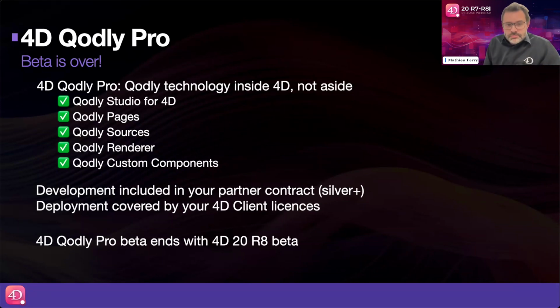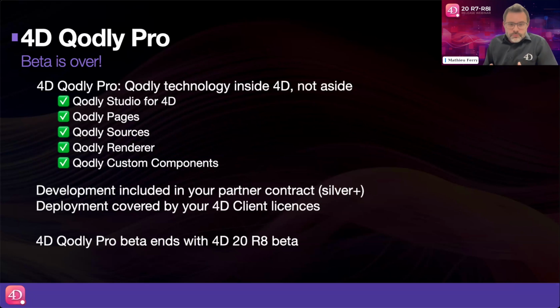And you also get what we call custom components that will allow you to implement whatever missing UI component you would need. So basically, 4D allows you to create desktop forms with the 4D IDE. This is what you already know for years now.